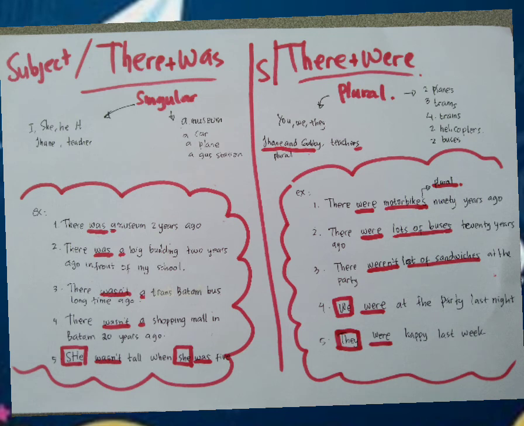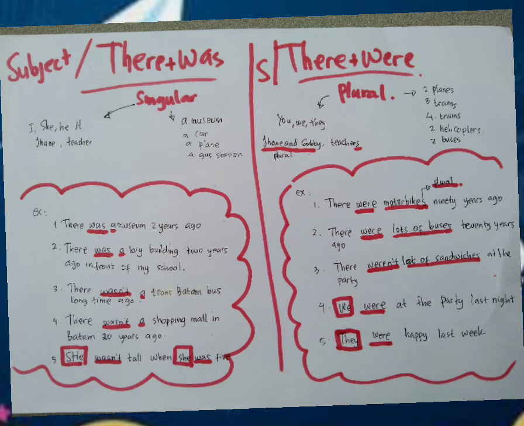Next, there was and there were. There was and there were we apply in past events. For example, there was a museum 2 years ago. So what is the difference with there were? There was we use for singular. We can know from a museum.